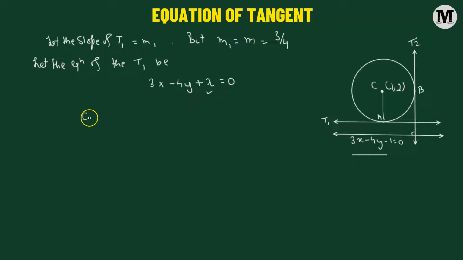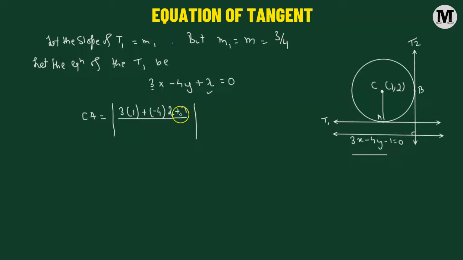So we can use CA equals the absolute value of, all we have to do is take the ratio. First we will begin with the coefficient of x, so that's 3. 3 will get multiplied to the x coordinate of the center, so that's 1. Then we will consider the coefficient of y, which is negative 4. This will get multiplied to the y coordinate of point C, so that's 2.